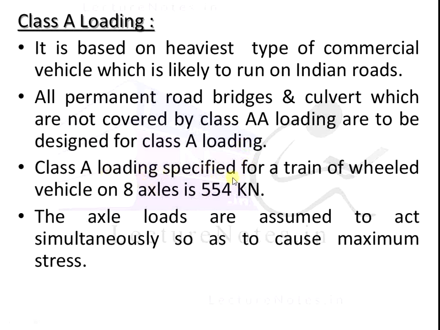The Class A loading specified for a train of wheeled vehicles on 8 axles is 554 kN. Also we have to design Class A loading for the train of 8 wheels, where the 8-wheel axle weight is 554 kN.